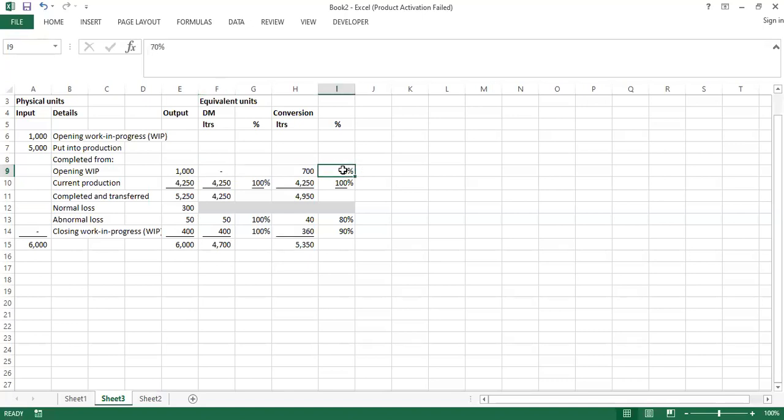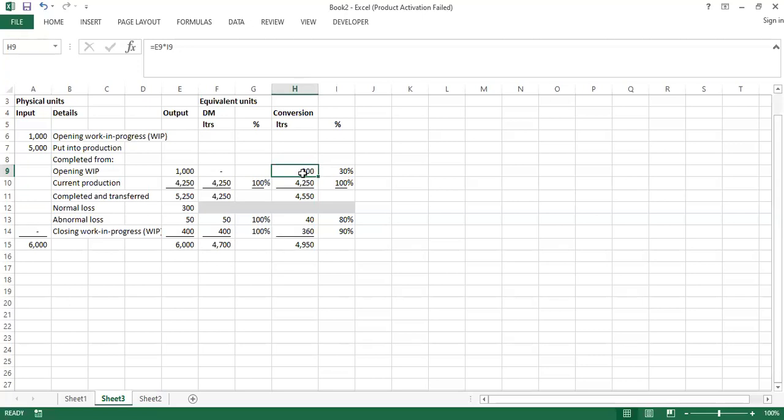We make the adjustment and put that at 30%. The cost we are going to incur this year is in completing this, because it was 70% complete, so only 30% is left. Remember, the equivalent units are always going to be that 1,000 times 30%.